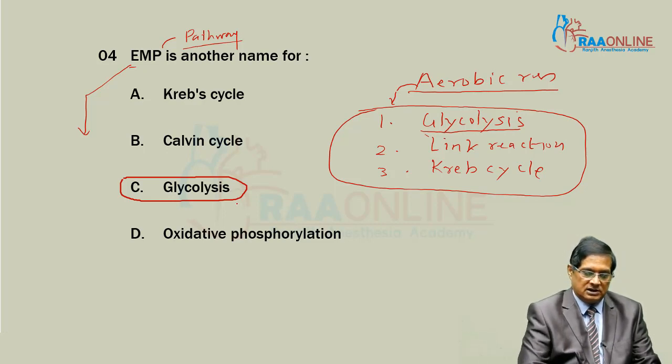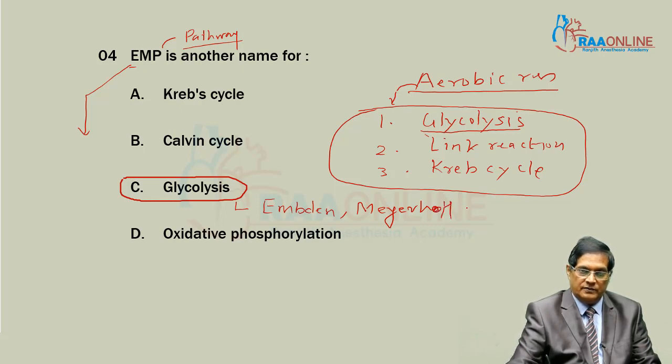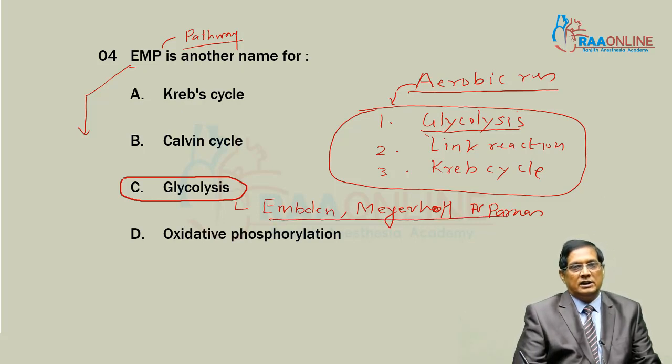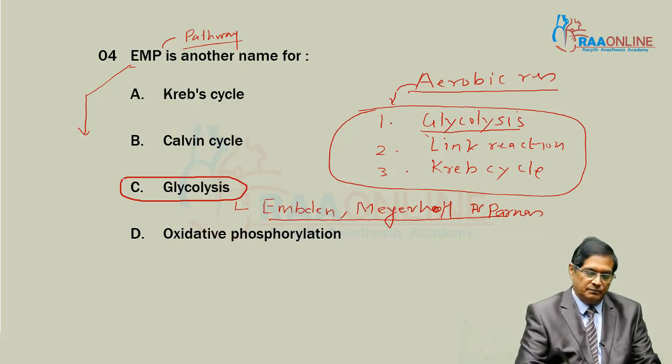Glycolysis was discovered by 3 scientists: Embden, Meyerhof, and Parnas. They reported the EMP pathway. So, another name for glycolysis is the EMP pathway.